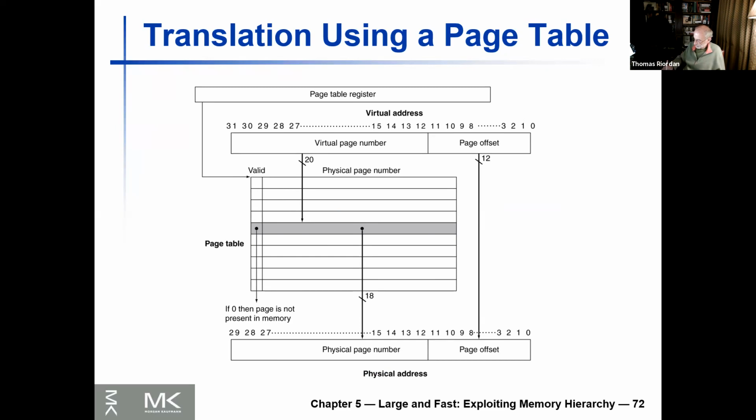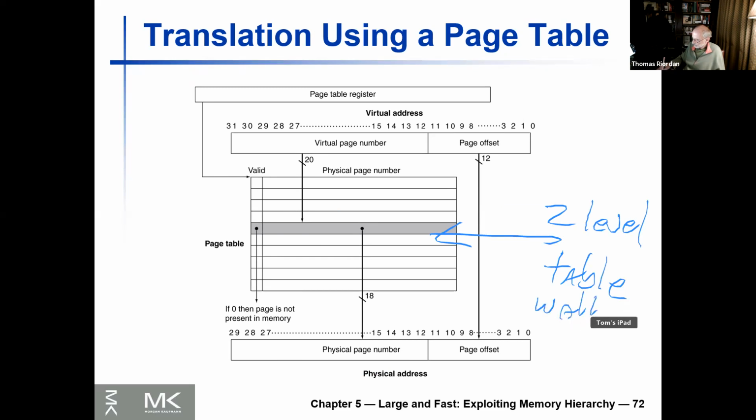So this is what we replaced, and showed that this actually happens with a two level table walk. That's how this really happens with that high radix tree.